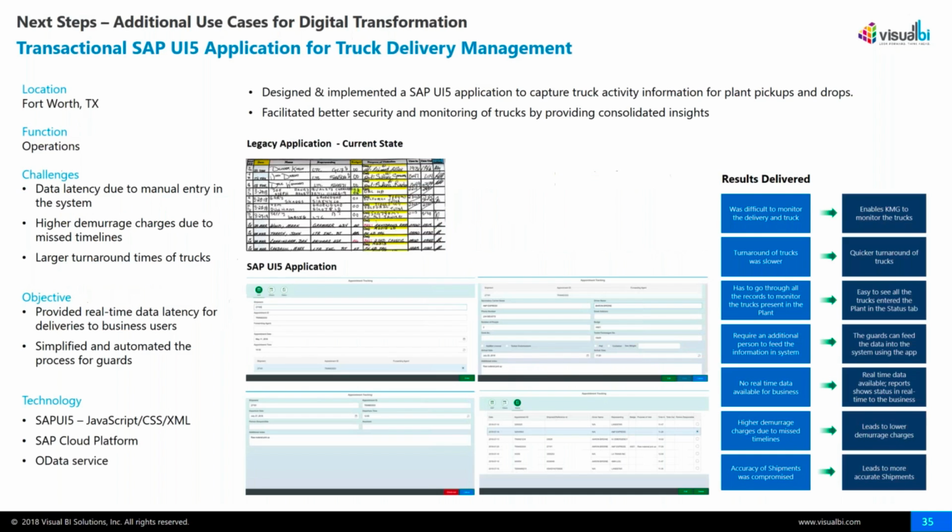So I'm not going to cover too much because I want to leave some time for questions and stuff. But yes, some of the additional things we have done on our digital transformation.